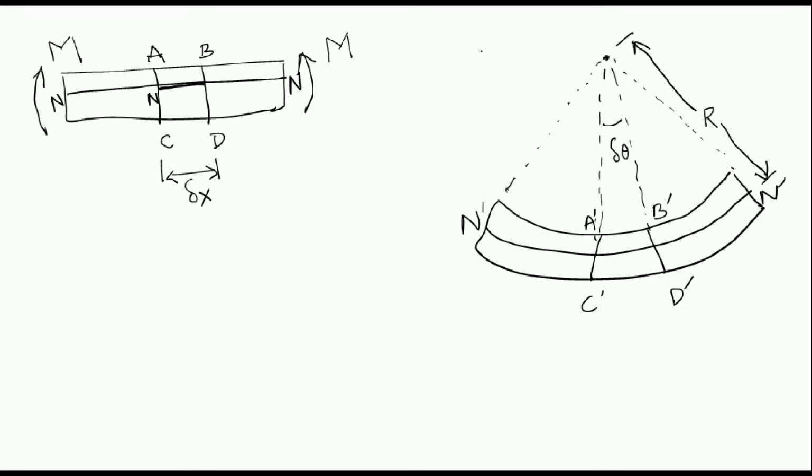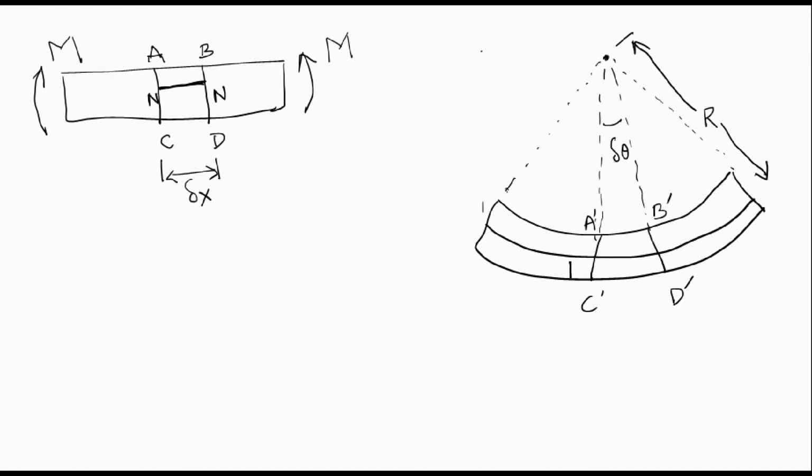So this is the neutral layer, n is delta x, and n dash, since there is no stretching or shrinking, n dash is also delta x.